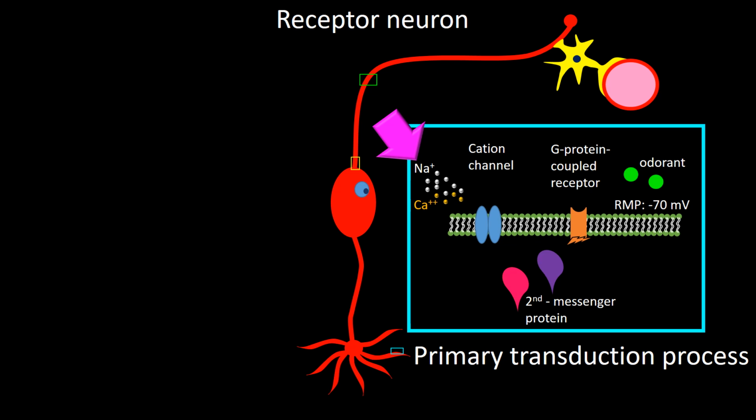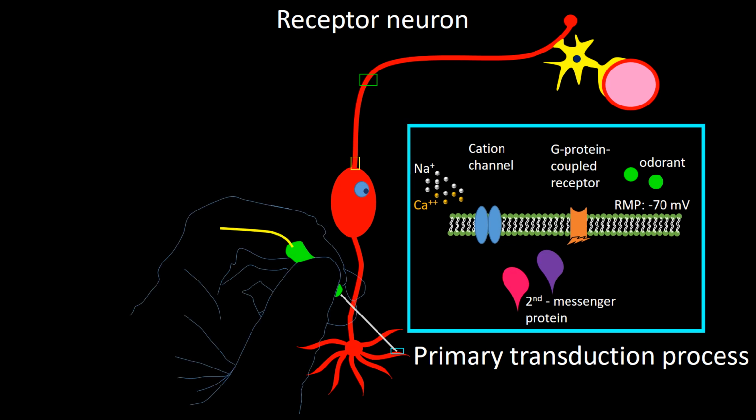The experiment starts by placing a needle intracellularly in the receptive area, as shown in this frame. The needle is attached to a grounded recording device that displays voltage, as represented here.